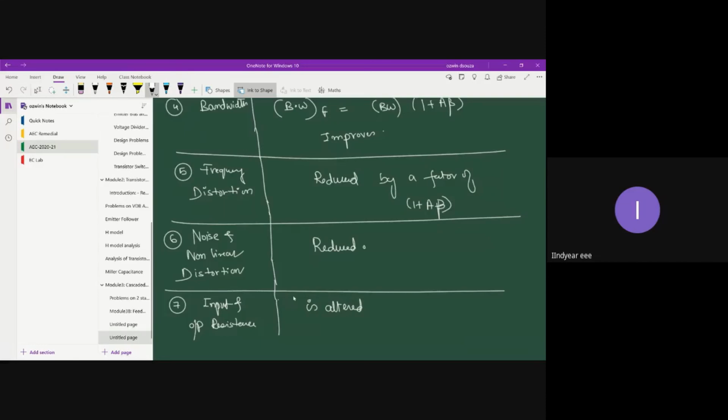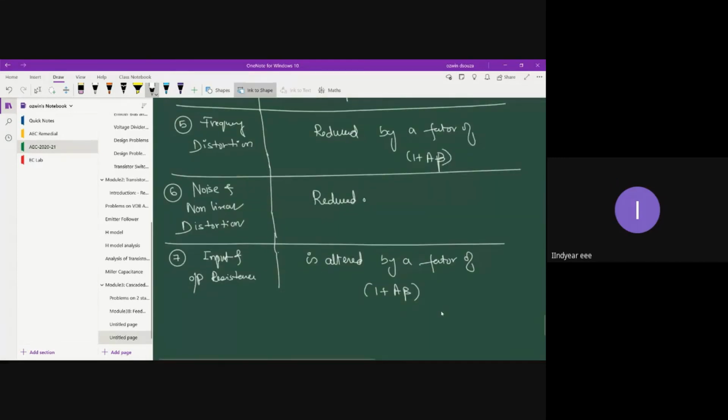So in total, we can say that input and output resistances are altered by a factor of 1 plus A into beta, because everywhere you will find RIF is equal to RI into 1 plus A beta, or sometimes you would see RIF is equal to RI divided by 1 plus A into beta, where A is the amplifier gain and beta is the feedback network gain.